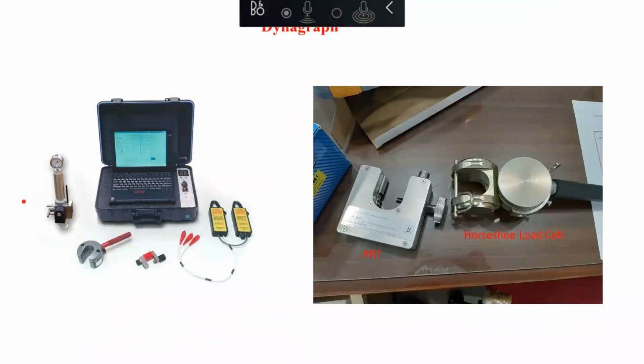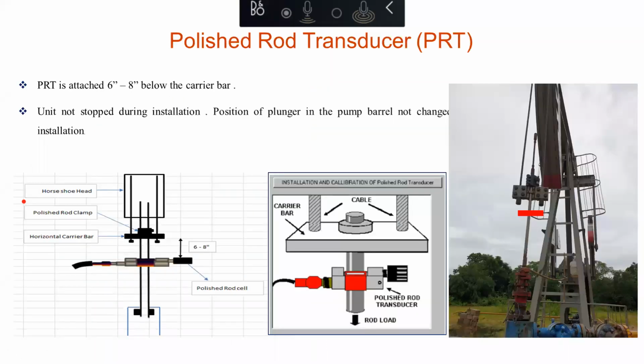And for Dynograph, you have your polish rod transducer, you have your horseshoe load cell. How to install your polish rod transducer? You are going to install your polish rod transducer below your carrier bar, usually 6 to 8 inches below your carrier bar. While you are installing your polish rod transducer, don't stop the unit.